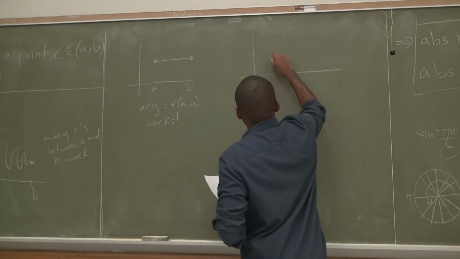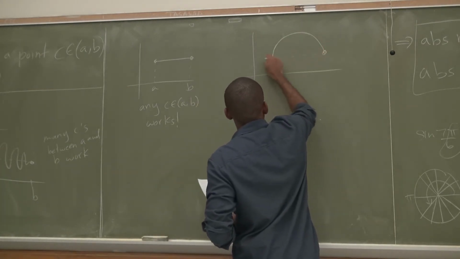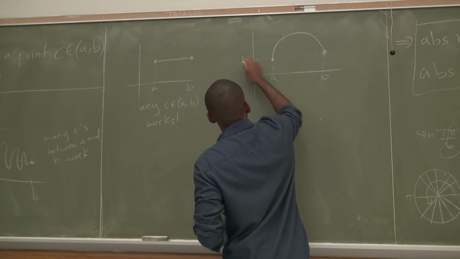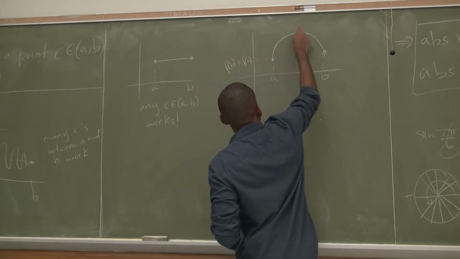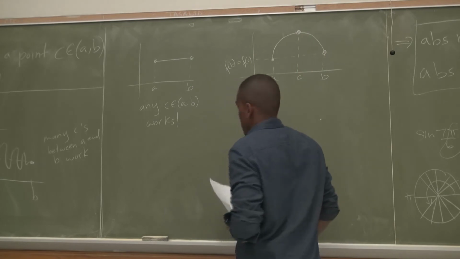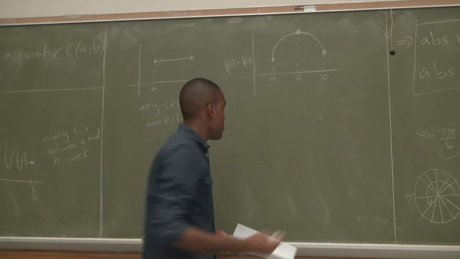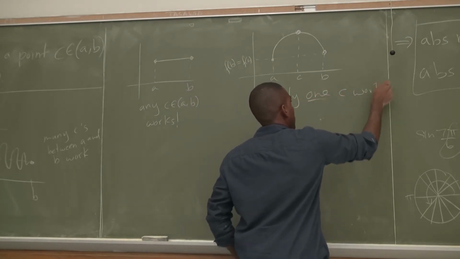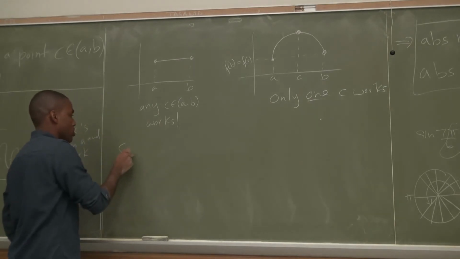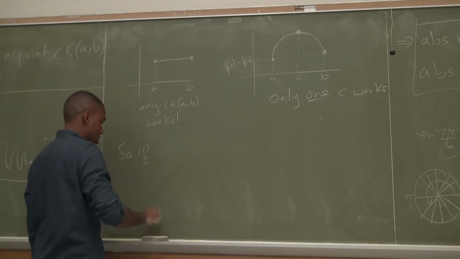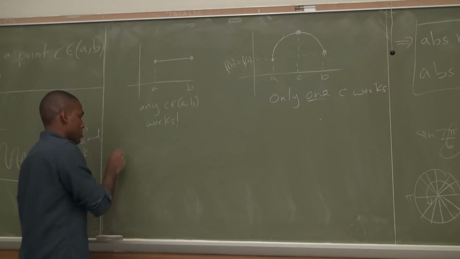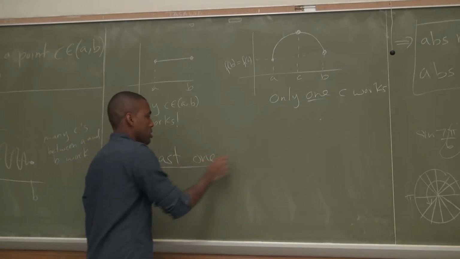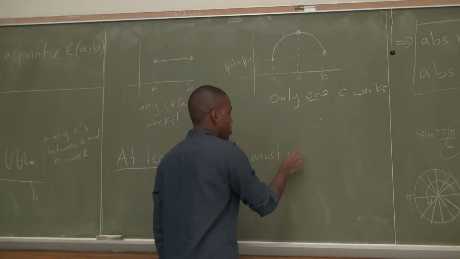You can also have the case where there's only one c value that works. This is a, this is b, this is f of a equals f of b. Then your c would happen here at that one point. Only one c works. At least one c must work.